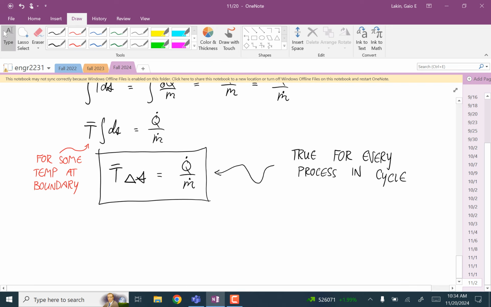And now we're going to use this for each one of those processes that we've defined. So first is from state 1 to state 2. That's the isentropic turbine.